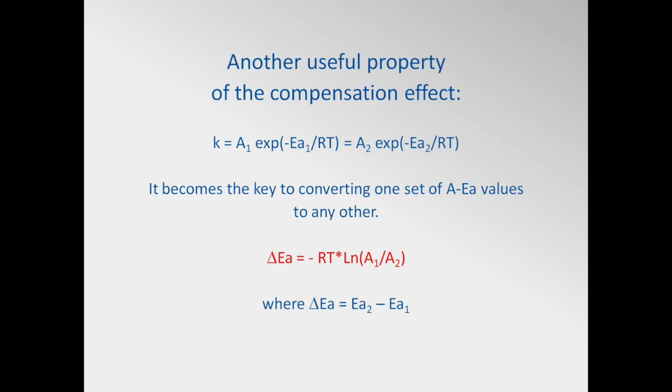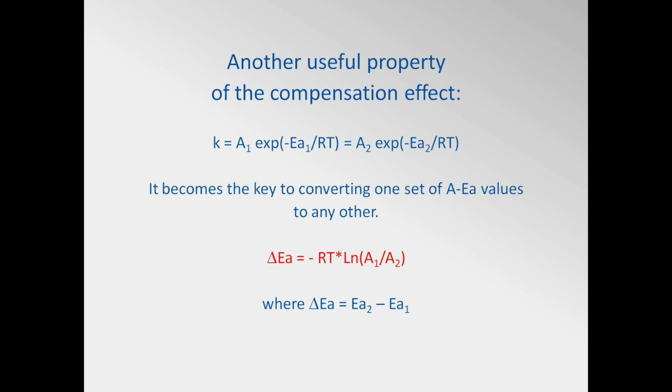And that point leads to another insight into a useful property of the compensation effect. Remember, the compensation effect simply says that you can get the same reaction rate constant using an infinite variety of AE pairs. The compensation effect then becomes the key to converting one set of AE values to any other desired set.